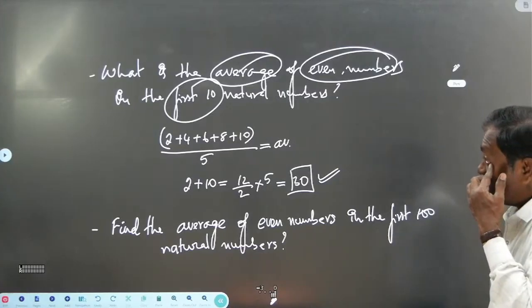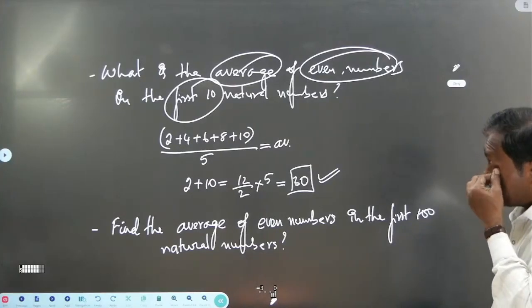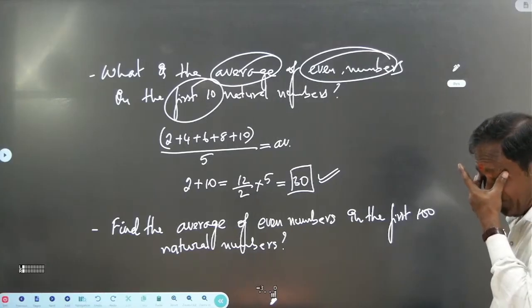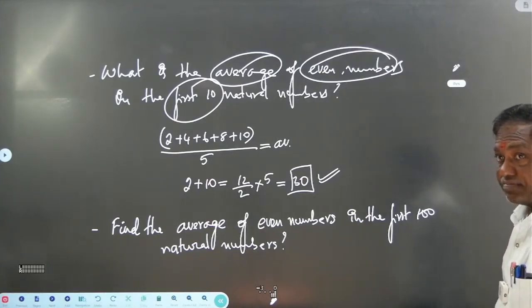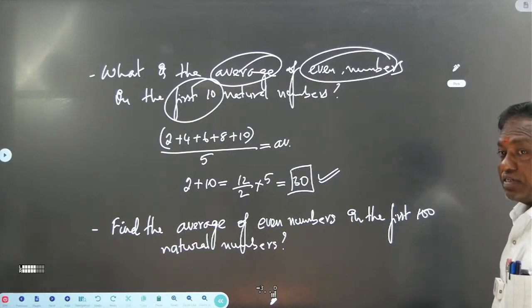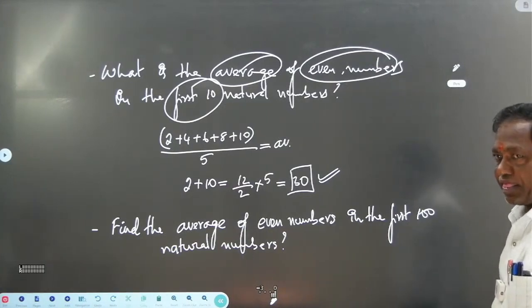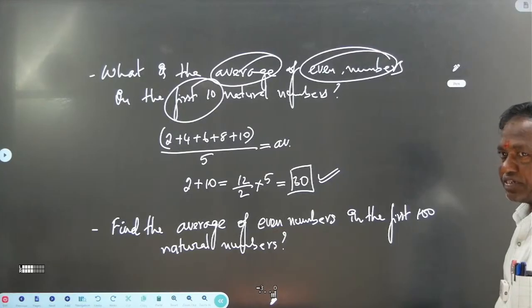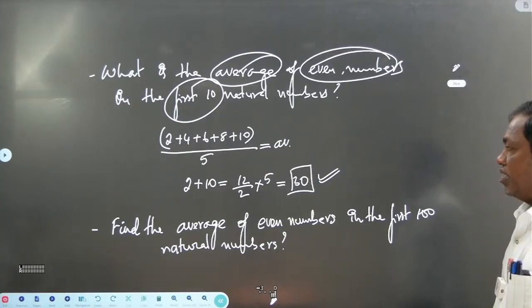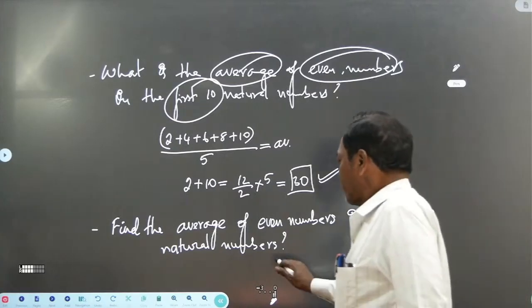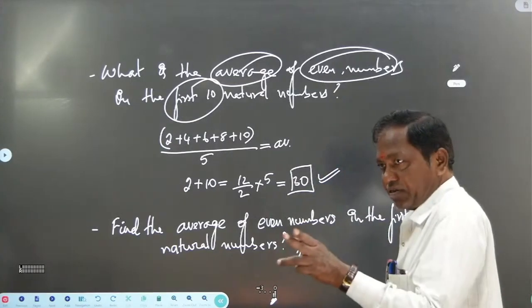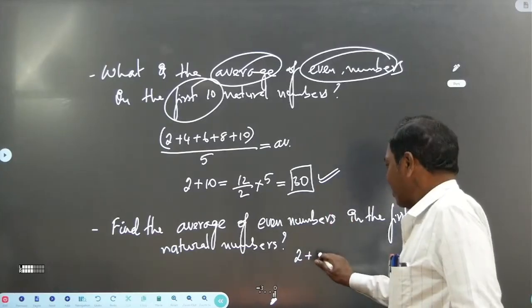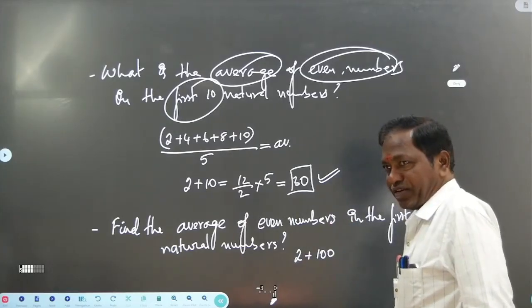Again, I emphasize once again, the basic input is so essential for CSAT patterns. They don't step away from basics. That's why basic numeracy is being said. So what happened? The first even number is 2 plus the last, yes, that's right, because 100 is also an even number.